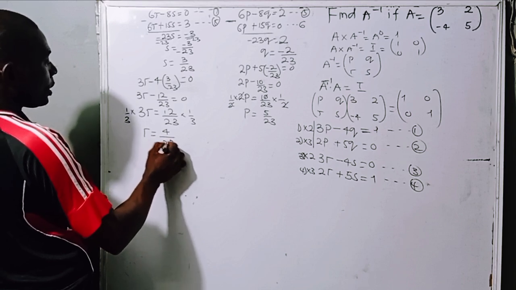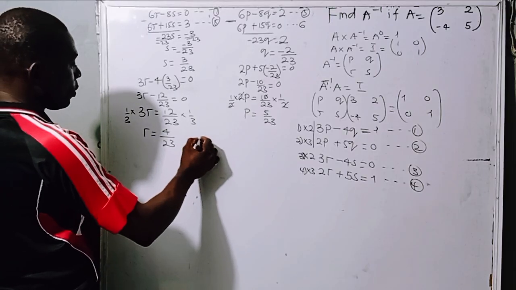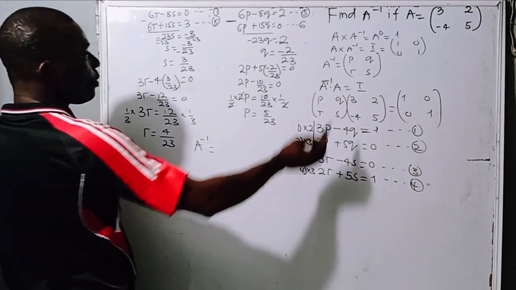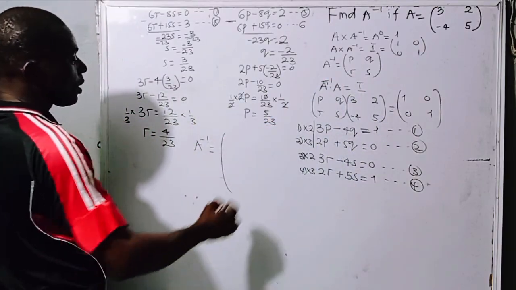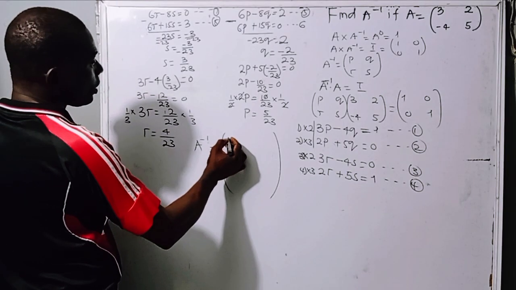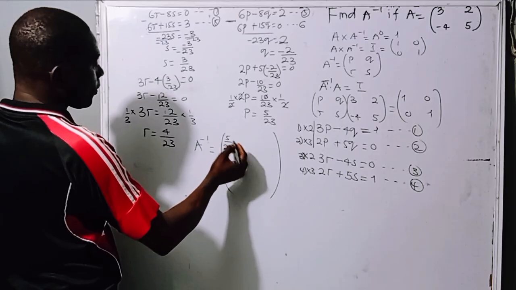So with that, we can now recall that initially we defined the inverse matrix as made up of p, q, r, x. So we substitute all the values. For P, the value is 5 over 23.